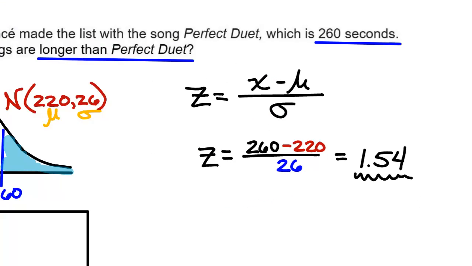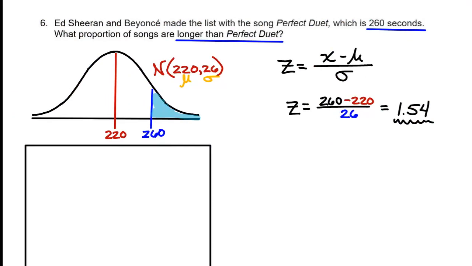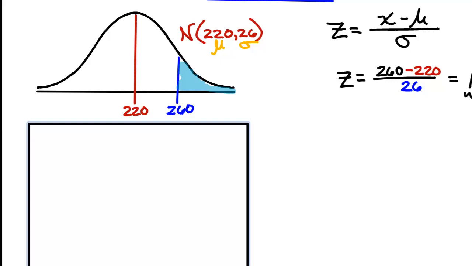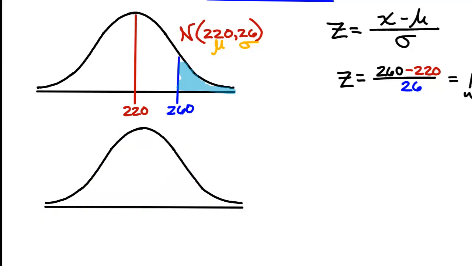That's not my answer. That doesn't give me a proportion. What is that telling me? 1.5 standard deviations above the mean. So I'm going to draw a second normal curve. This is my standardized normal curve. Once I standardize this, what goes right in the middle? What is the mean when we've standardized? I'm sorry, Abe, you said what? 0.